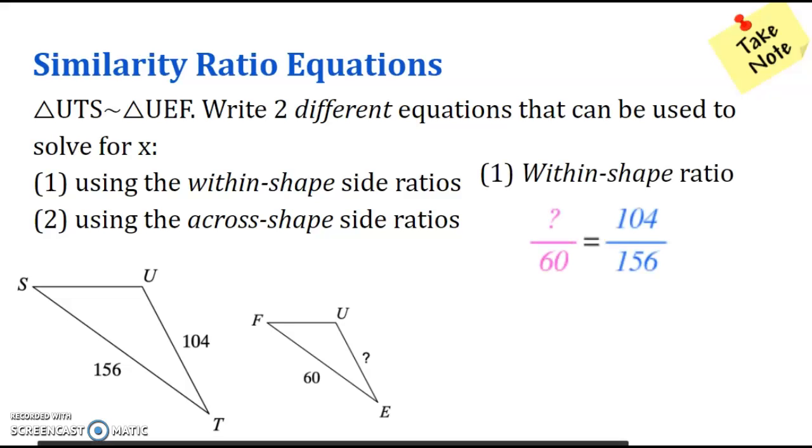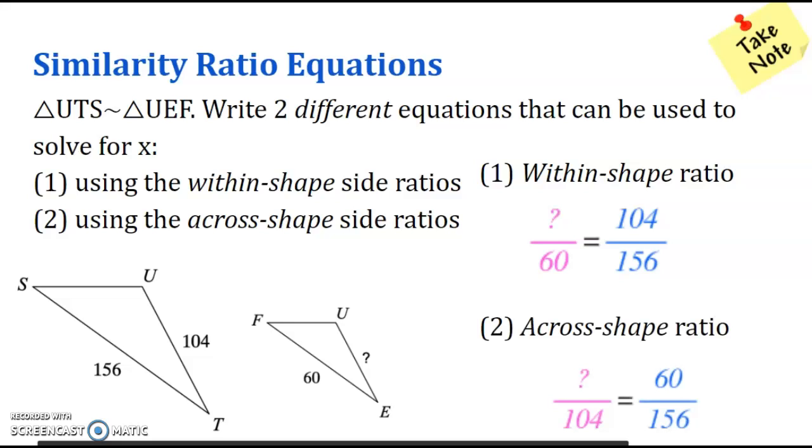If I do that, the within shape is 104 divided by 156 is going to be the question mark divided by 60. The across the shape is question mark divided by 104 is equal to 60 over 156.